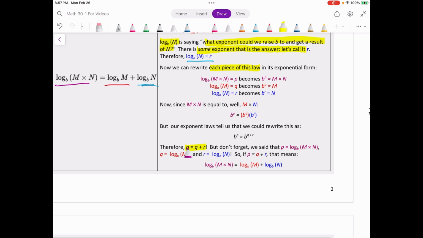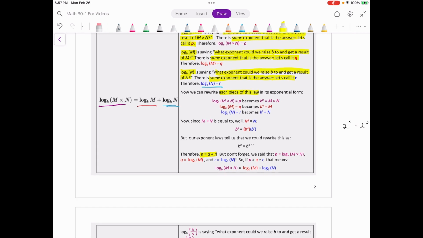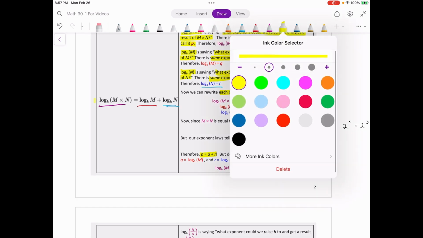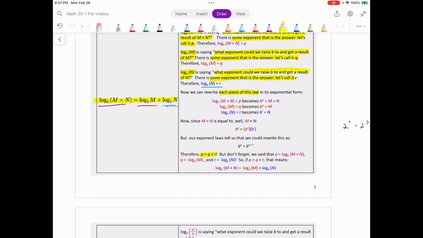So if p equals q plus r, then log base b of m times n has to equal log base b of m plus log base b of n. And there we go. We've just derived the first law of logarithms, the law of products, or the product law for logarithms.